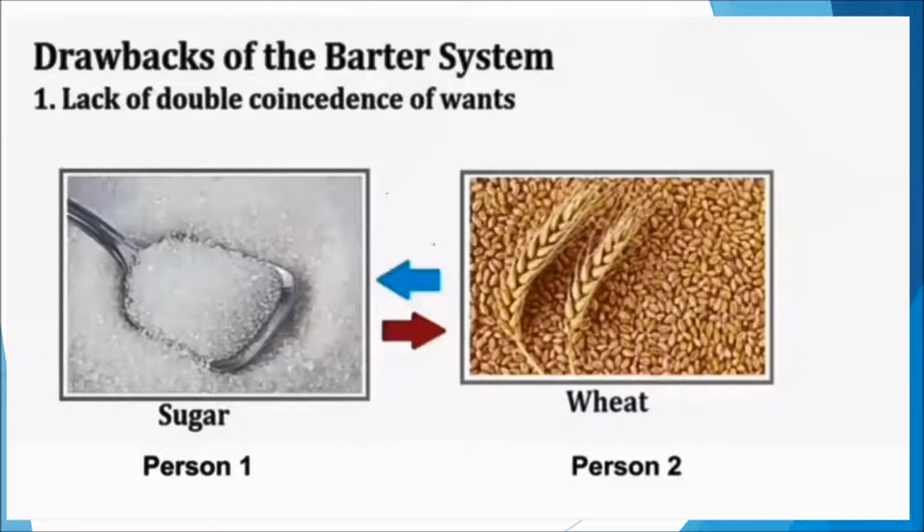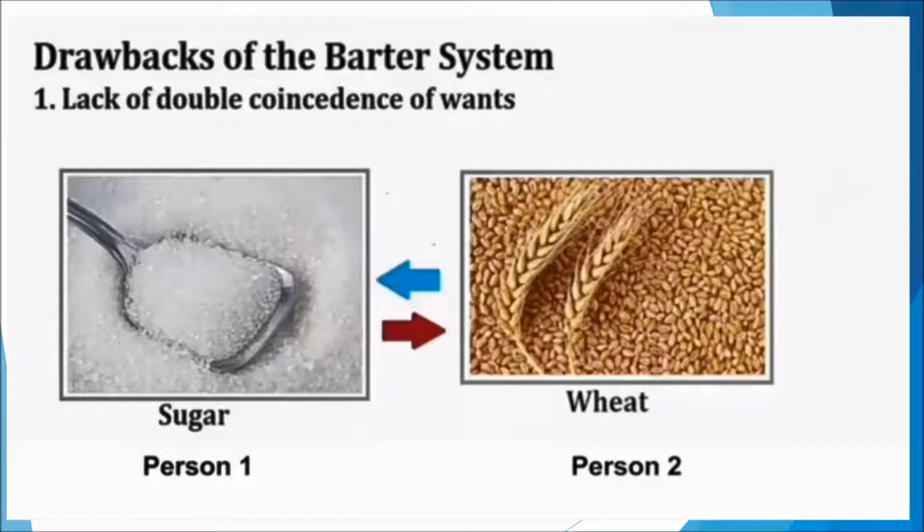So I hope you are clear. Again I will explain. If person 1 wants rice to be exchanged with sugar and person 2 wants sugar but he has wheat, so he doesn't have rice.